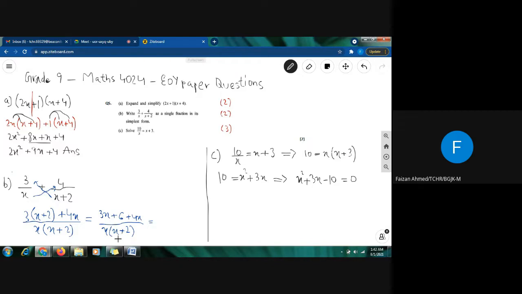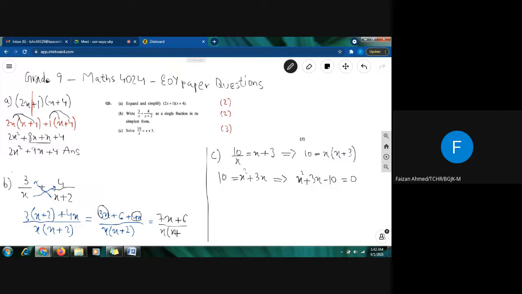This is fine. So I will just simplify it in the numerator. Since we have two like terms, the first one is 3x and the second one is 4x. So 3 plus 4 will give me 7x. So this will be 7x, and plus 6 will be as it is, and I will write the whole denominator as it is, and this is my final answer, that is 7x plus 6 upon x plus 2.